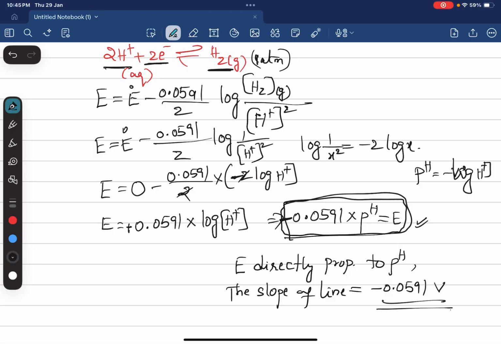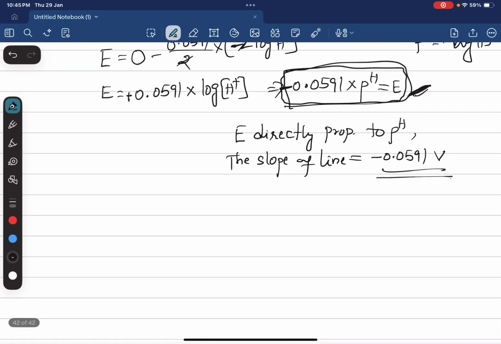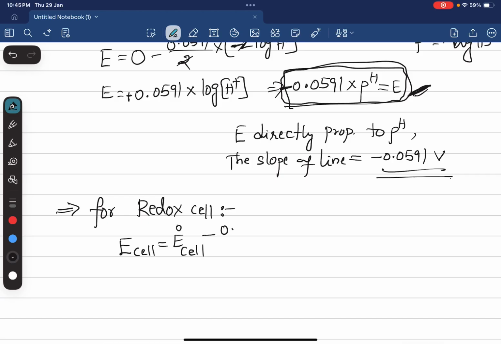Finally, you need to know only these three formulas. This is one formula, and for the Daniell cell, that also you can write. For the redox cell, what can you write? For the redox cell it is very simple. E cell equals E naught cell minus 0.0591 by n log base 10.